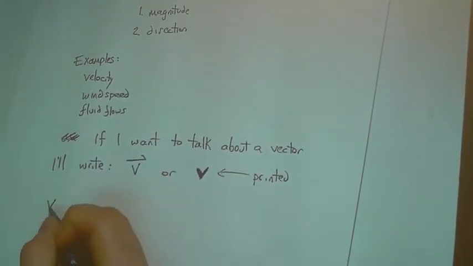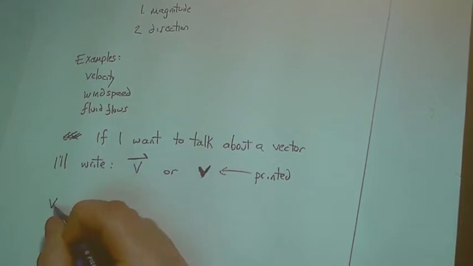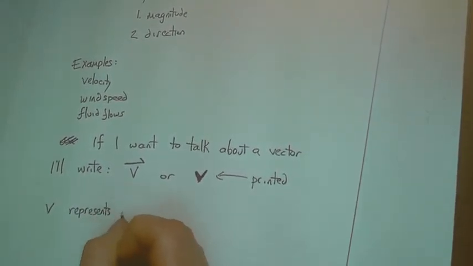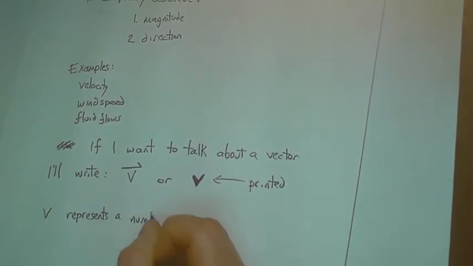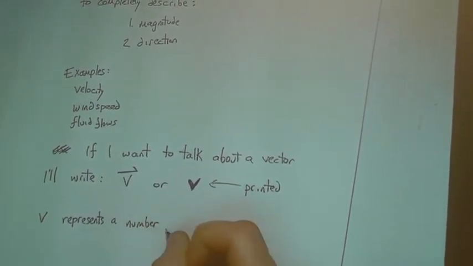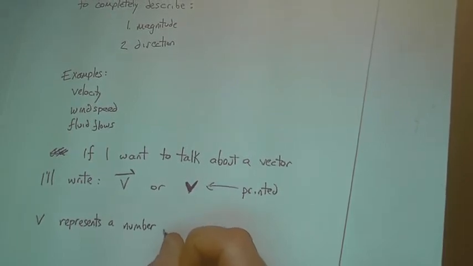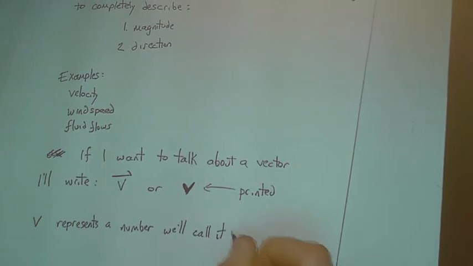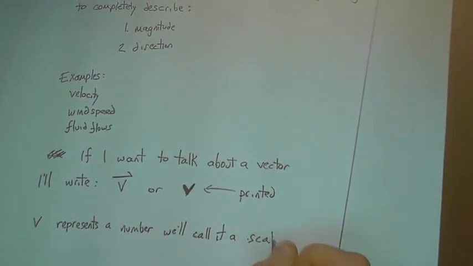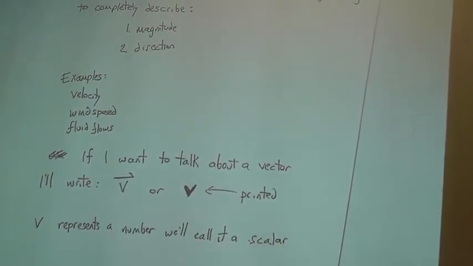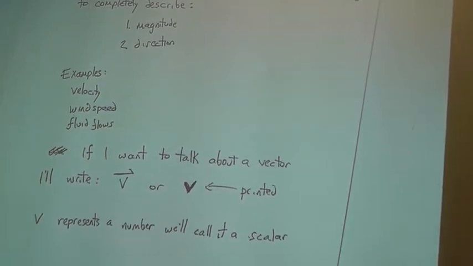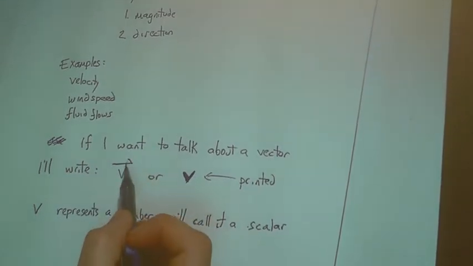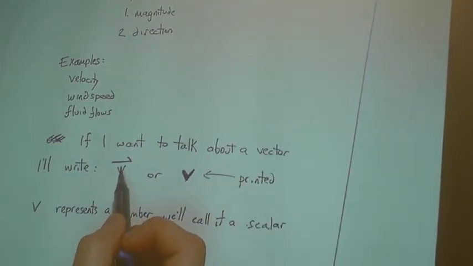In fact, this is going to represent a number, which we will call a scalar. If you intend this to be a vector, you've got to put the arrow over it.